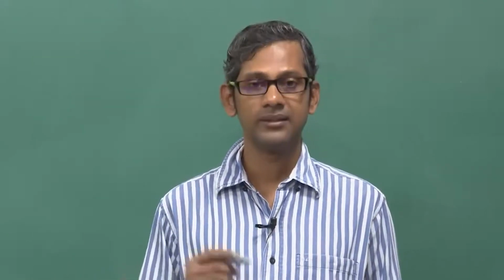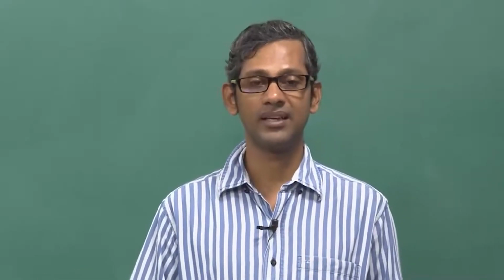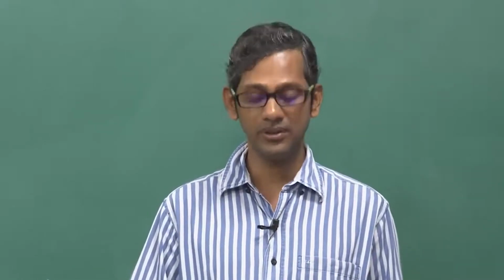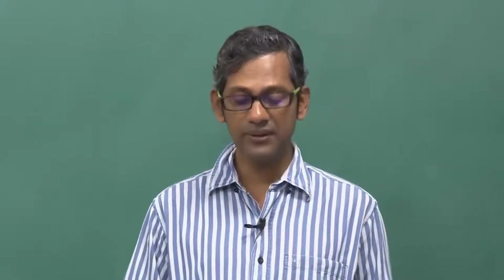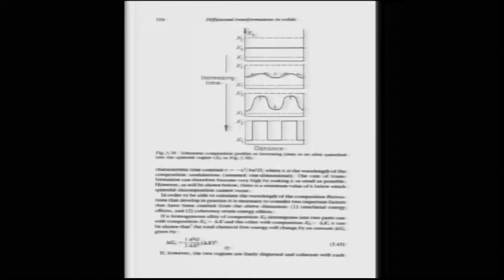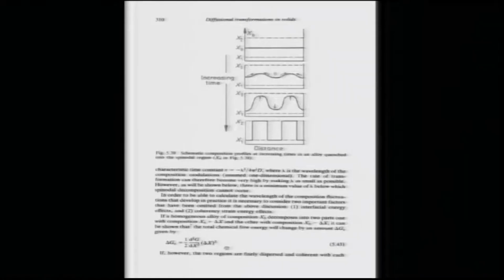Basically, once we have a homogeneous phase, decomposing it into two phases, one with x plus delta x, the other one with x minus delta x compositions, or x0 plus delta x and x0 minus delta x, that is what is written in the book. Then it is very easy to show that the chemical energy change will be by this amount, half of the double derivative of G with respect to x into delta x square.